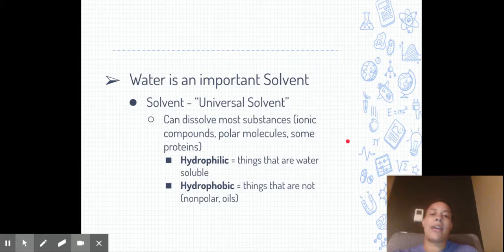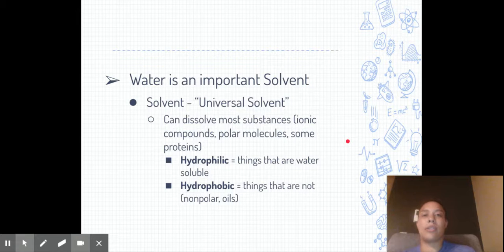Any other categories would not dissolve with water. So you'll see the two terms hydrophobic and hydrophilic. Hydrophilic, to break that one down, hydro is water, right? Philic means loving. So hydrophilic is a water loving molecule, something that dissolves with water.